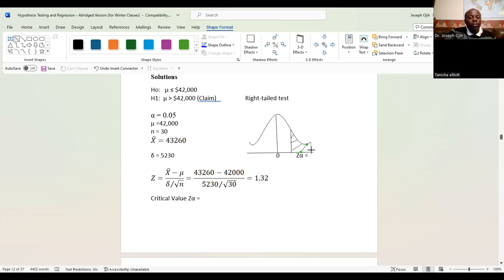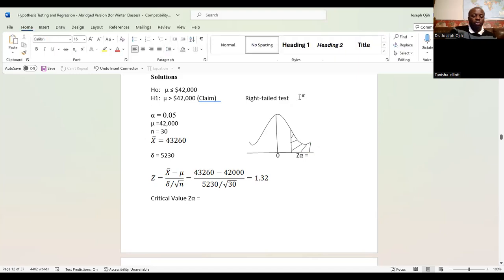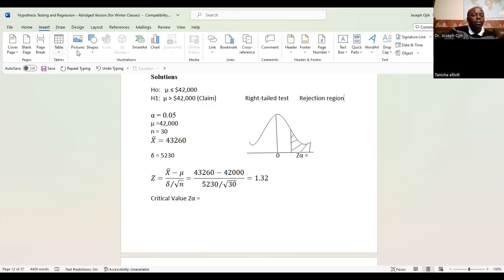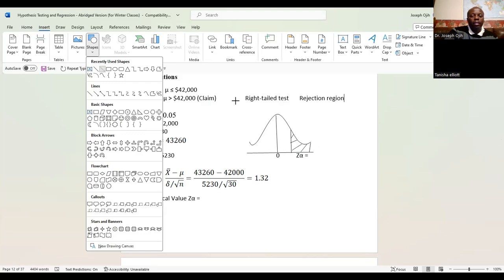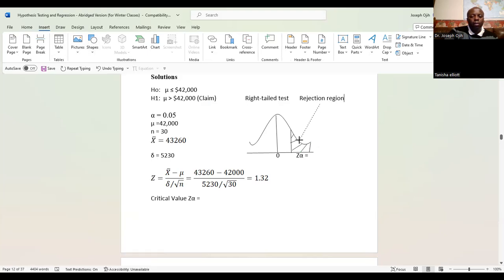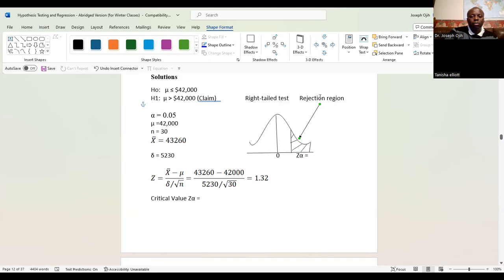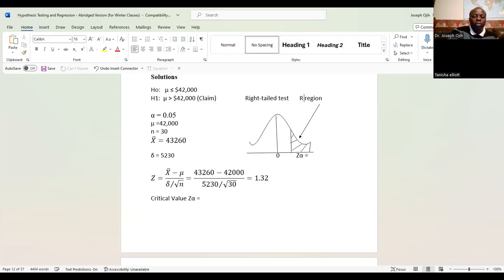So this area is the rejection region, or critical region. That's what you call it. If your answer falls here, you reject it.